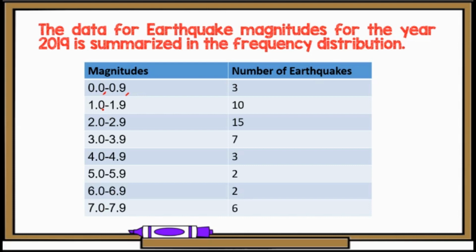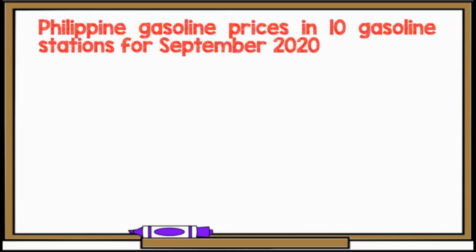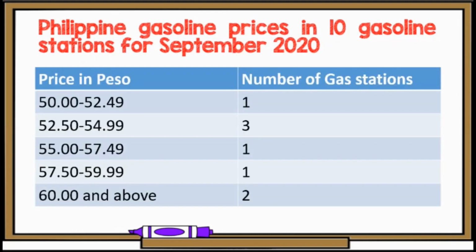Then, uniform yung classes natin. Next, for Philippine gasoline prices, rounded off to the nearest hundredths naman siya for centavos. Kung the first data is rounded off to the nearest hundredths, then the rest should be rounded off to the nearest hundredths then.